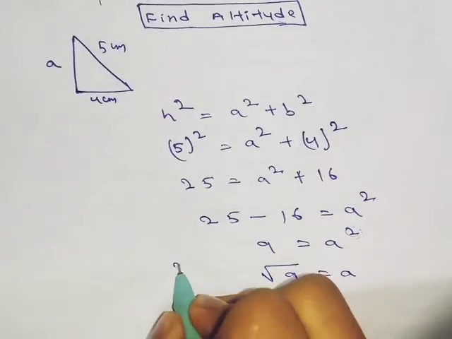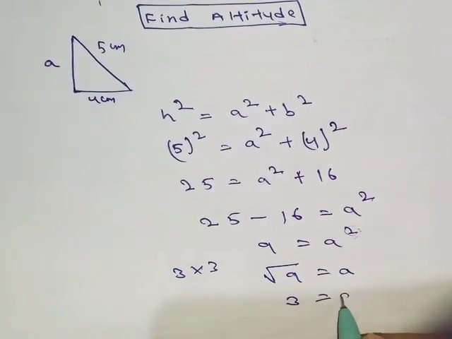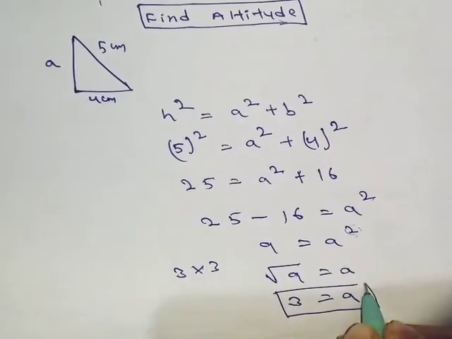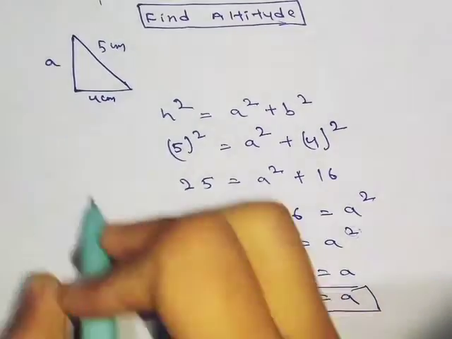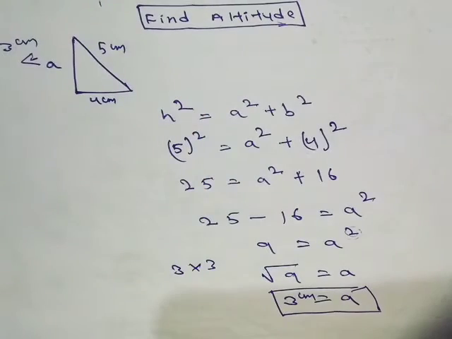We know that 3 into 3 is equal to 9, so the answer will be 3. Altitude will be 3 centimeter. So we got the altitude as 3 centimeter. So these are some of the uses of Pythagoras theorem and the formula. And now let's do some critical type of question.